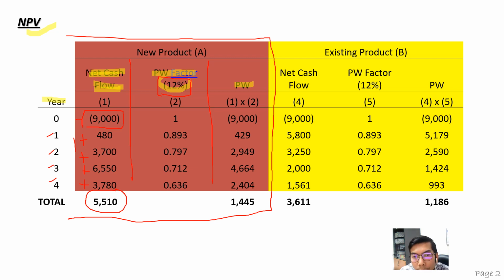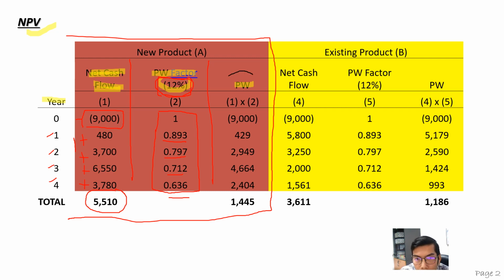So you refer to that table, focusing on the 12% column, from the first until the fourth year. You extract the value and put it in this table. This value is obtained from the table of present value of £1, which I attach in the U future. Get it from there and put it straight here.